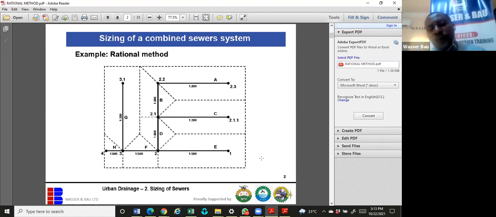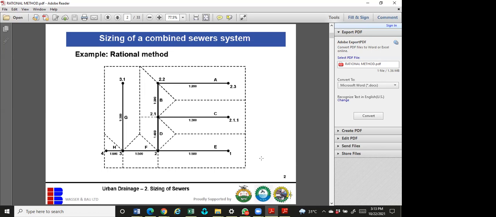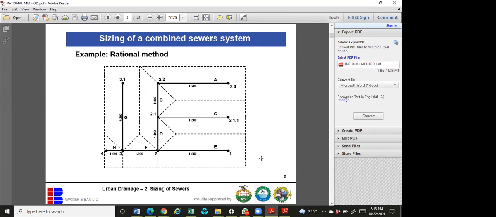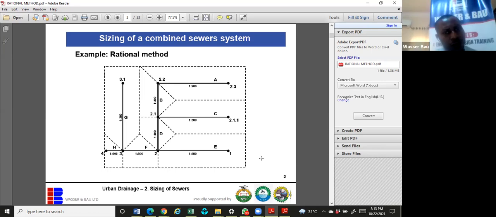While storm involves the hydrology of the area, which is the rainfall intensity and the catchment area involved. We also say that it is not all the catchment area that contributes to runoff when it comes to storm sewers. Rather, it is the impervious area.